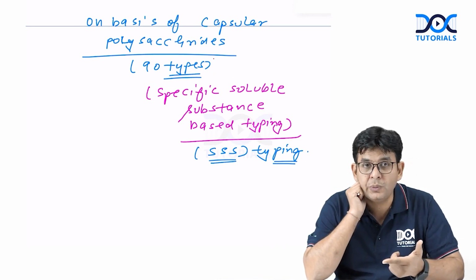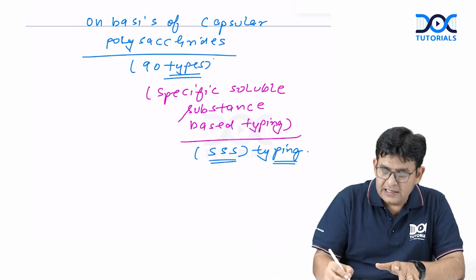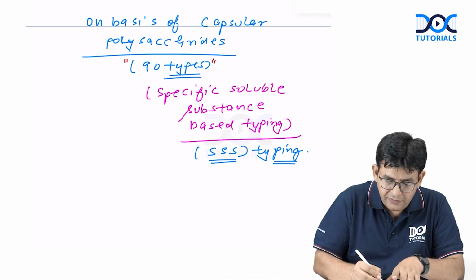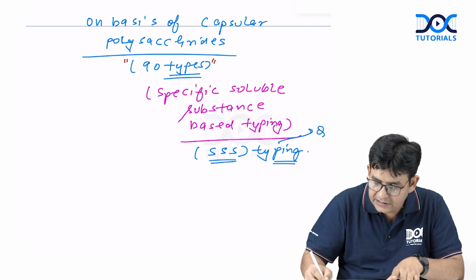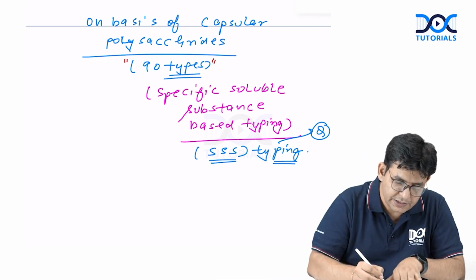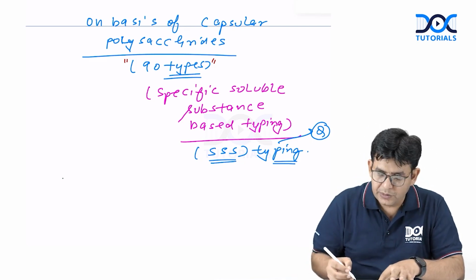It is used to classify pneumococcus into how many types? 90 types. This can be asked in the exam. The triple S typing is done for what? The answer is pneumococcus.